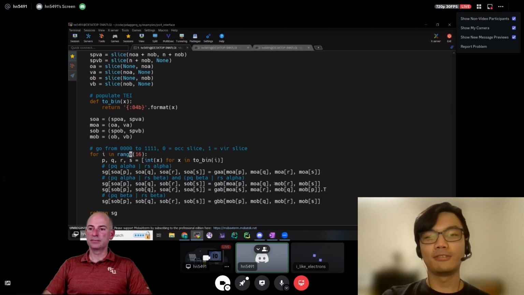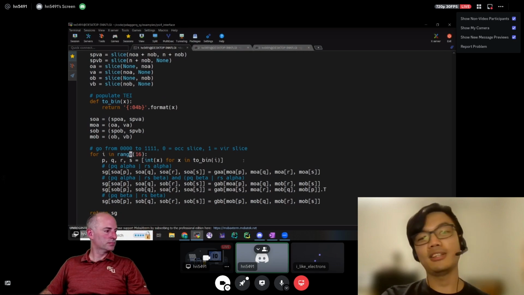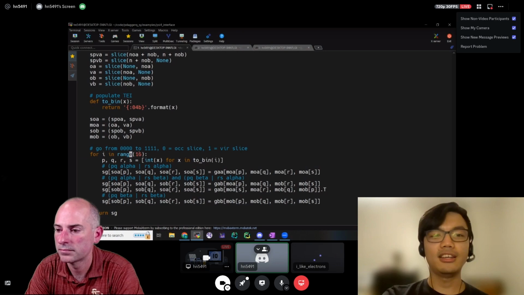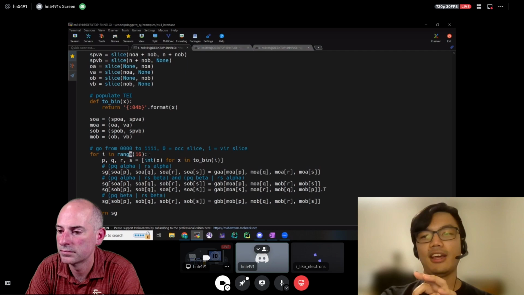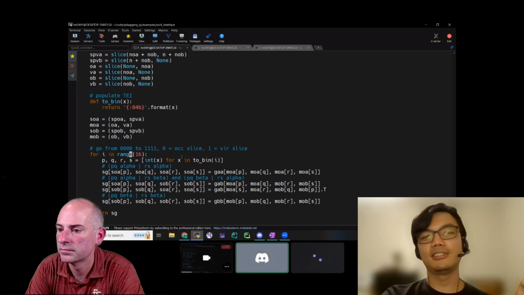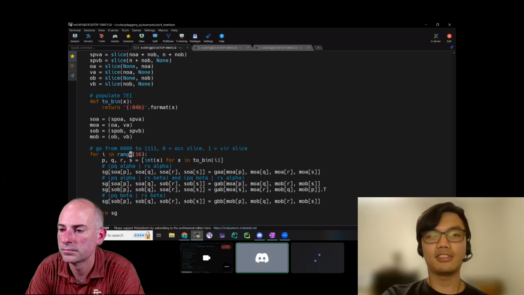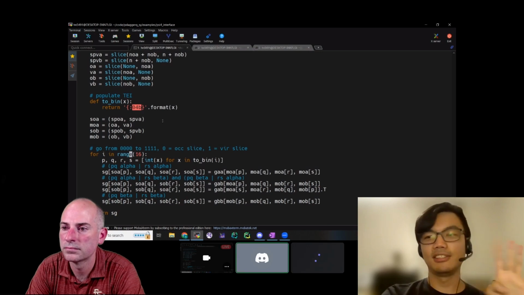So instead of doing that, I represent my occupied and virtual slices as 0s and 1s. You can see here that I go for I in range 16, which means I will go from 0 to 15. And I convert the integers 0 up to 15 to binary, which is defined using this little function here, which just returns 4 digits in binary, right?